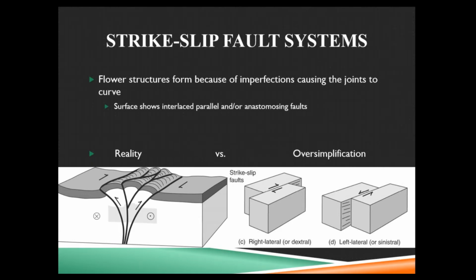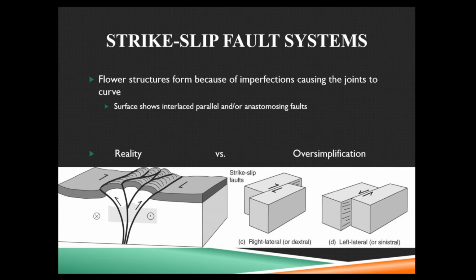Now, the reason this happens is because reality is our rocks are not perfect homogeneous things that are going to create little blocks like we see on the right. Those are oversimplifications. In reality, as those two blocks slide past each other, the fault doesn't stay perfectly straight because the rock is not perfectly homogeneous.